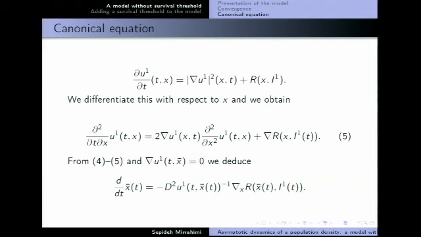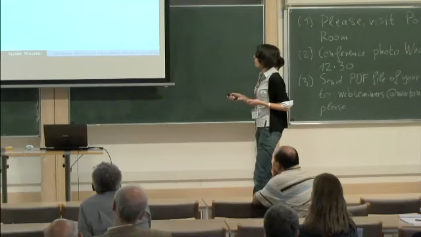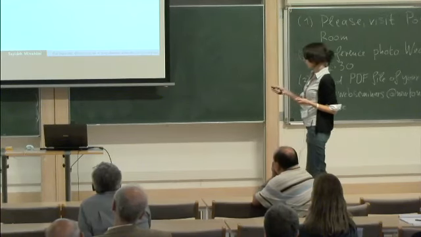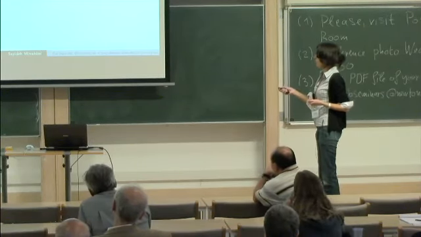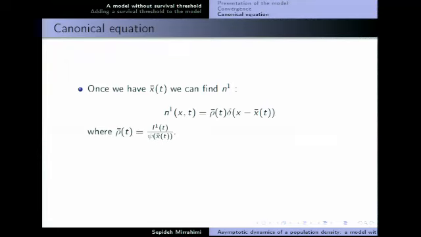But so if this was rigorous, then once we know u and I, we can describe x bar of t. And if we know x bar of t, then n is equal to rho bar of t delta of x minus x bar, as we said before, because it is a single Dirac mass in the point x bar of t, and rho bar of t is derived from this relation.